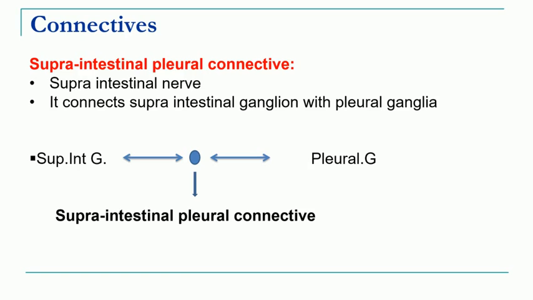The next type of connective is the supraintestinal pleural connective. Here the supraintestinal ganglion is connected with the pleural ganglion by a connective, so that connective is named the supraintestinal pleural connective.